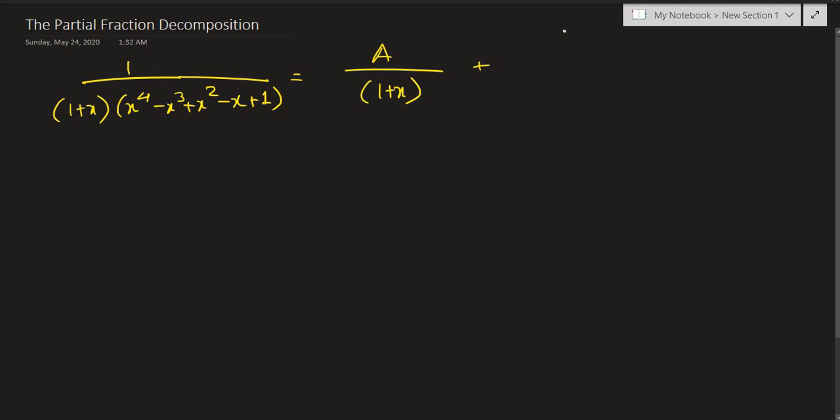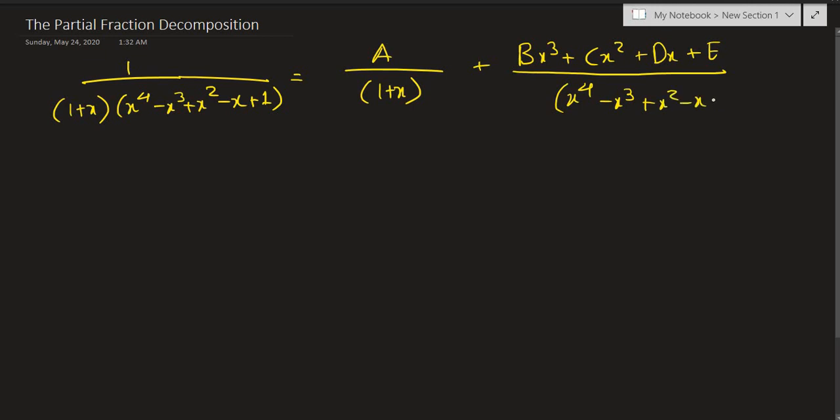So the cubic polynomial would be written as Bx cubed plus Cx squared plus Dx plus E divided by x to the fourth minus x cubed plus x squared minus x plus 1.